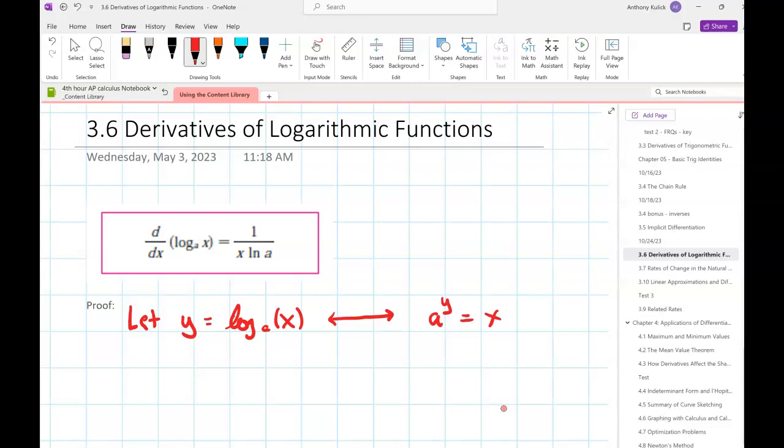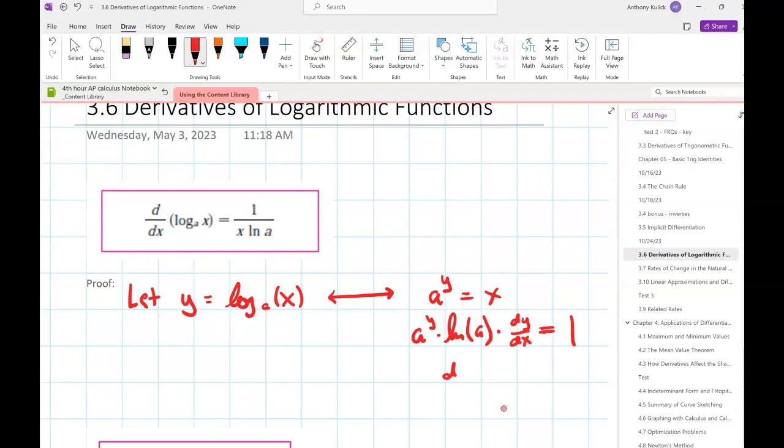This is an exponential function. So what is the derivative of this exponential function a to the y? A to the y times the natural log of a, times dy/dx, yes, because we are doing an implicit differentiation since there are x's and y's on both sides. And then the derivative of x is 1.